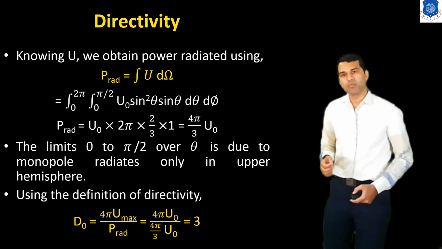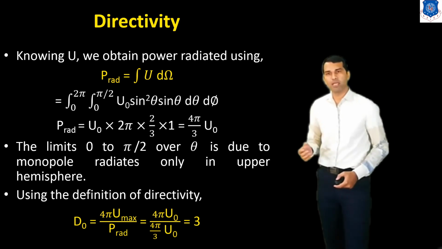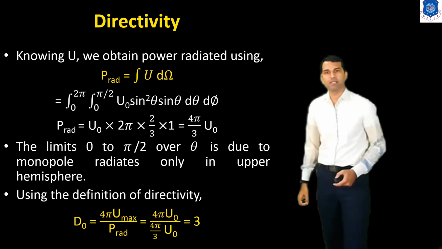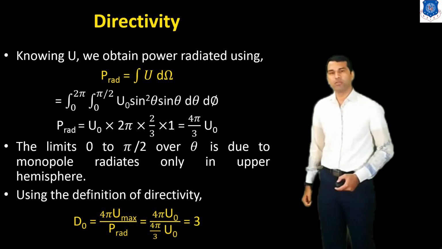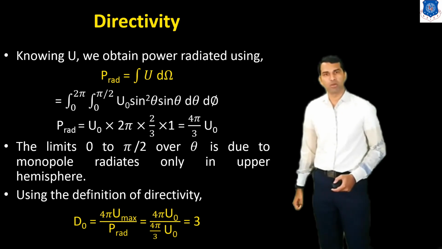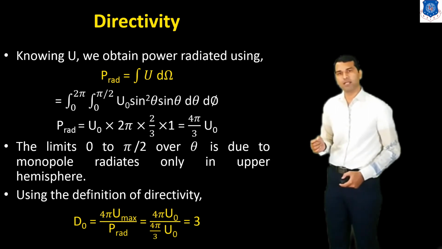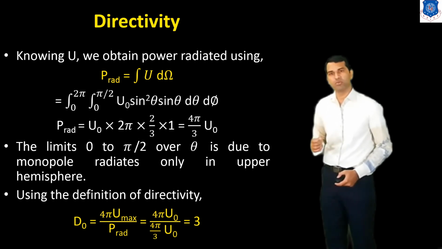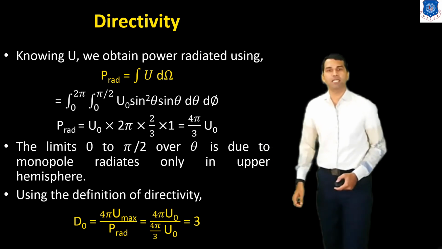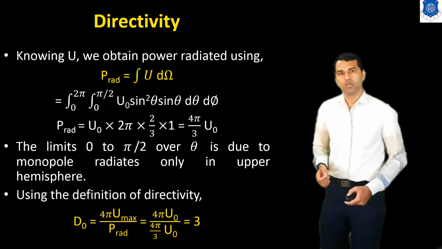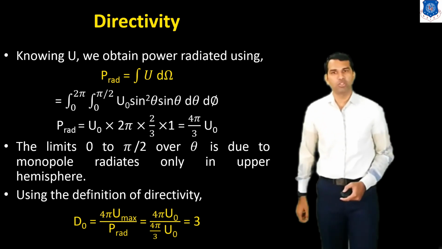So we get 4π U0, and we have the power radiated as 4π/3 U0, and U max is U0, because sin²θ with θ equal to 90 degrees gives U max equal to U0. When we solve this equation, we get the directivity equal to 3. So for the monopole antenna, the directivity is 3.